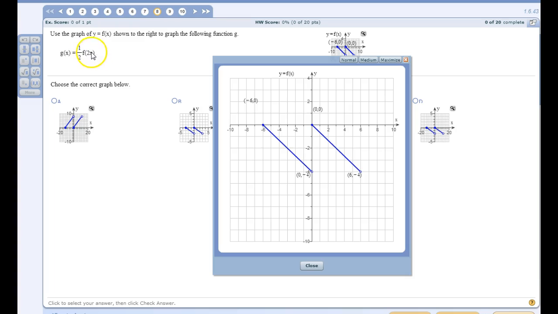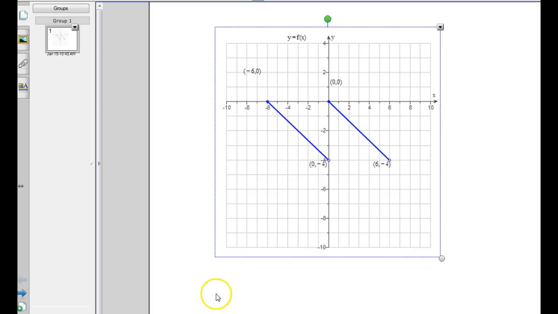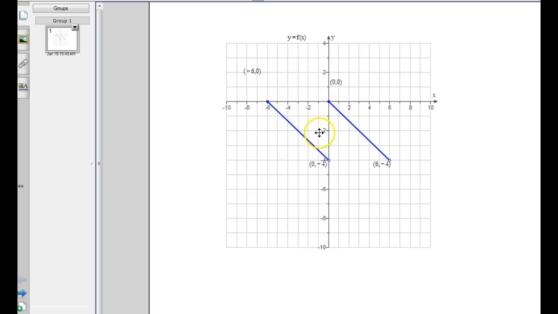Now remember, if we're inside the parentheses, that's a horizontal compression. If we're multiplying the original x, we're going to compress this thing horizontally, meaning we're going to go in towards the y-axis. So here's the same graph.